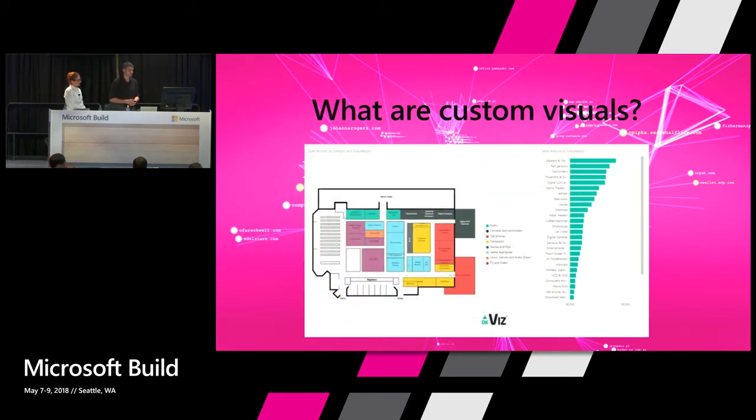But if you switch it to a custom visual that shows you a synoptic map of the store, then you can see here that the colors will be the categories, and the subcategories will be on the right side. And you can also see the layout of the store. So it's much easier to understand where your sales status is with this kind of visual.